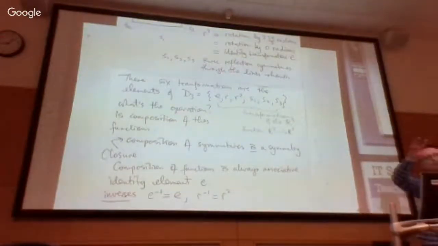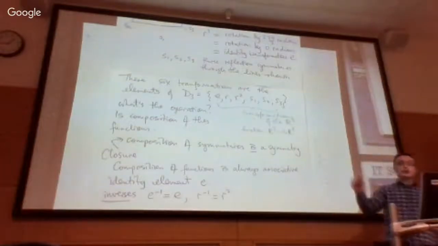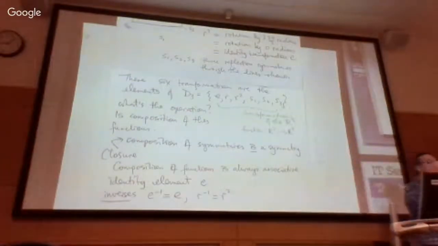Because if you rotate the plane by 1/3 of a turn, and then rotate it by 2/3 of a turn, what's the overall effect? The overall effect is every point has returned to its original position. It's gone 1/3 of a full turn, and then 2/3 of a full turn, so it's gone a full turn, and that's equivalent to going nowhere, staying where you start.